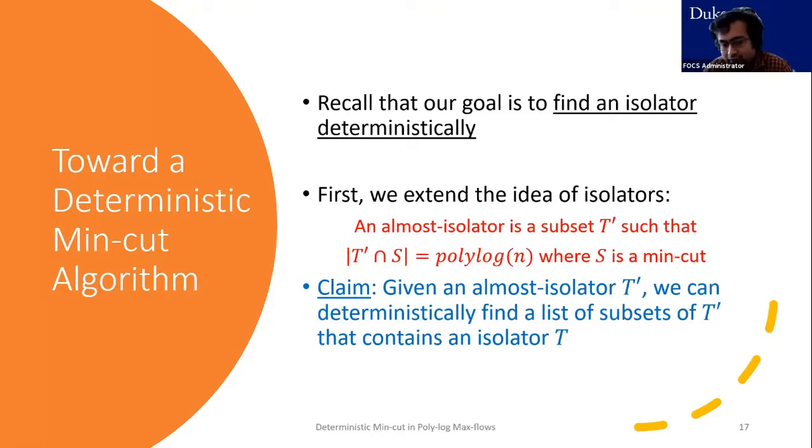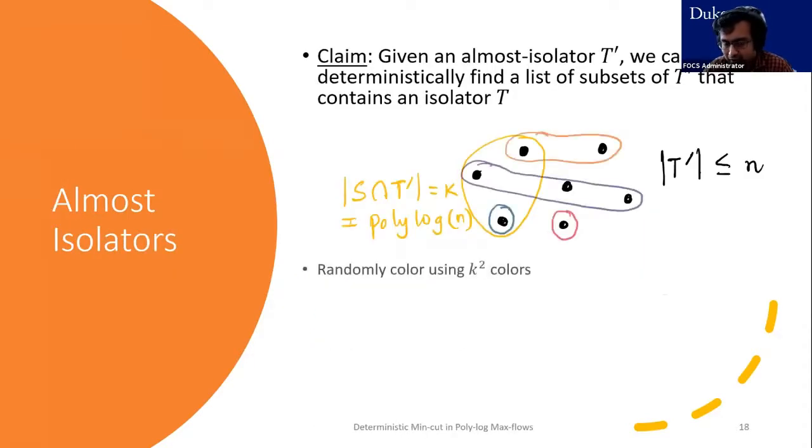And our first claim is that once we are given an almost isolator, we can in fact deterministically generate a list of subsets where we will have an isolator among those sets. And this is deterministic. So with probability 1, there's nothing random going on. We are going to indeed have an isolator among that list. And how do we do this?